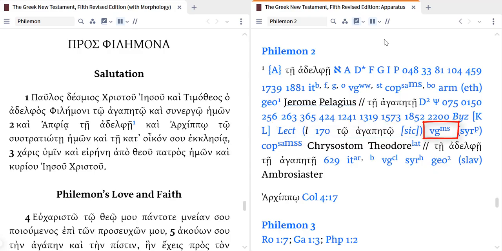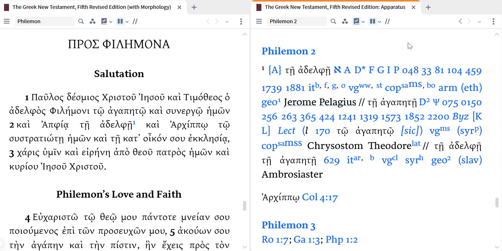Here we've got Vulgate according to some manuscripts, some Syriac with some minor differences, Coptic, Sahidic according to some manuscripts, and then Church Fathers, Chrysostom, Theodore according to Latin. Double slash, the evidence is over.